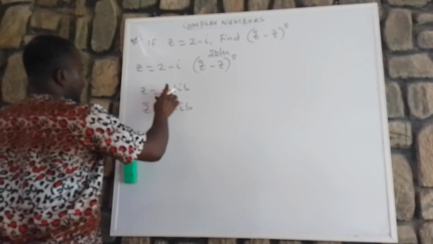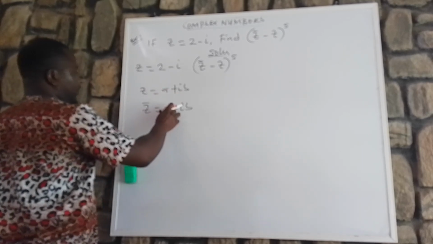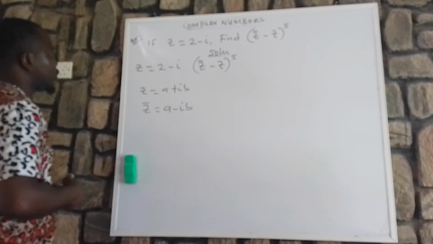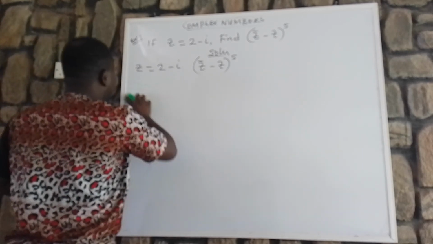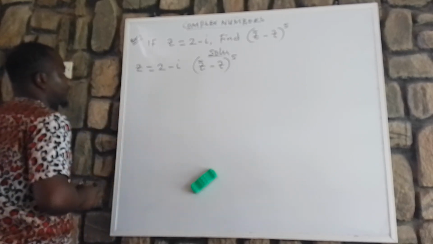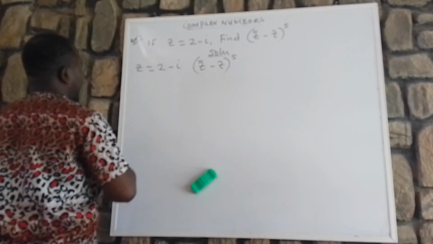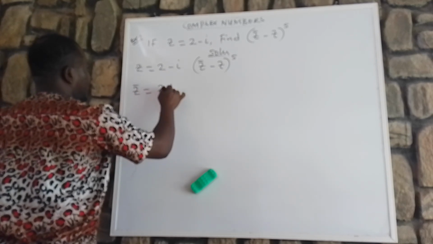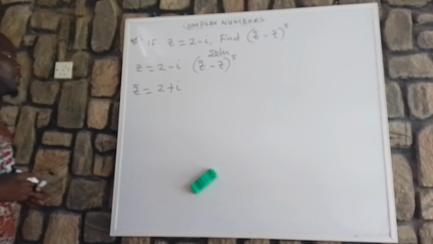But supposing here is minus, it means here will be plus. That is the meaning of z conjugate. Is that clear? So now, we have a complex number 2 minus i. So the z conjugate of this complex number will now be 2 plus i.